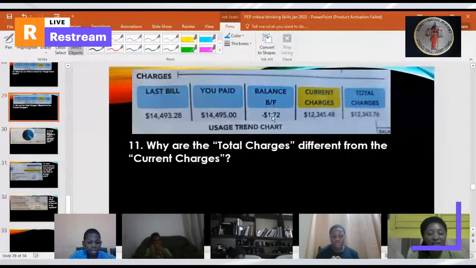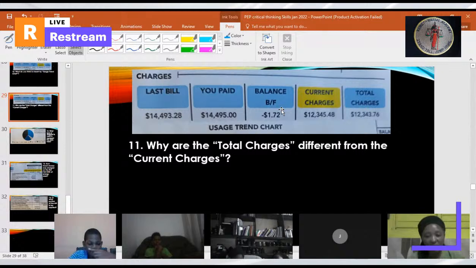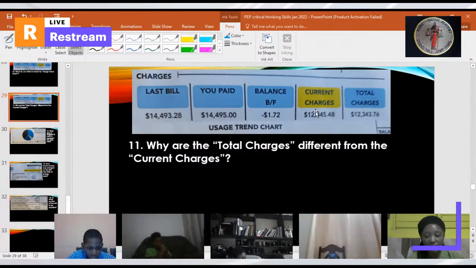So she had an extra $1.72 carried over to the next month. So they are taking that out now of the new bill that she owes, and this is the amount she now has to pay. Right? So she had a $1.72 credit to her account because she paid that little extra last month.